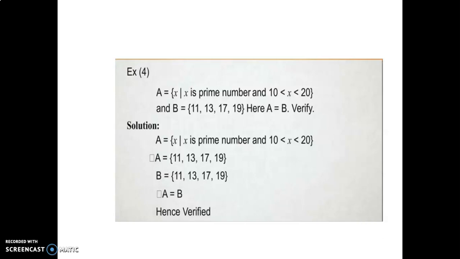Prime numbers which are greater than 10 and less than 20 are 11, 13, 17, 19. B is already given. B equals {11, 13, 17, 19}. All elements of set A are elements of set B. Therefore, set A equals set B, hence verified.